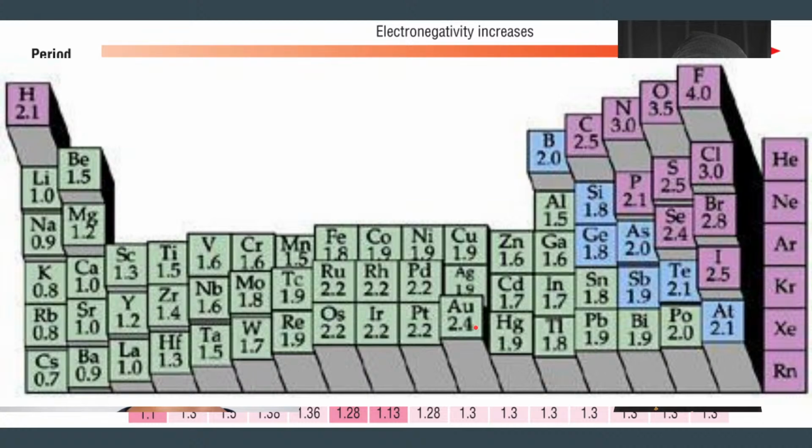That's why we use it in coins and jewelry, because it just has such low reactivity that it doesn't tarnish. It doesn't rust, more or less. It doesn't react to the oxygen in the air. So it just stays nice and pretty shiny gold. So that's why we call these the noble metals, because they have higher electronegativities, therefore lower reactivities.